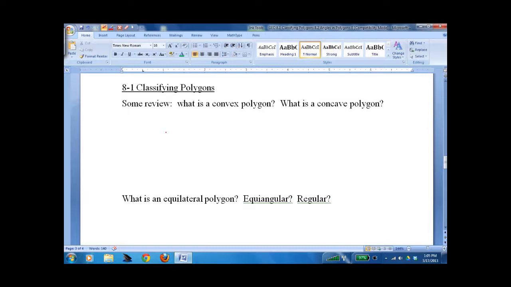Lesson 8.1, classifying polygons. This is a review for many people. If not, then no big deal. What's a convex polygon? What's a polygon without any dents? So it could be any sided. This is a five-sided, so it's a pentagon.